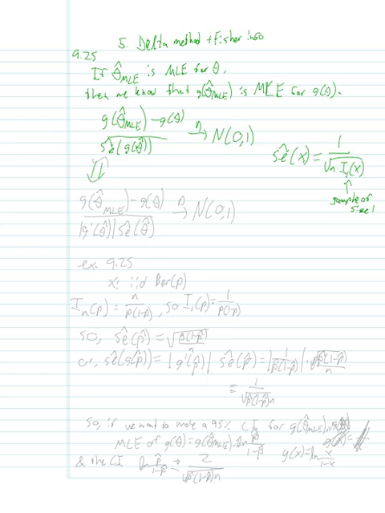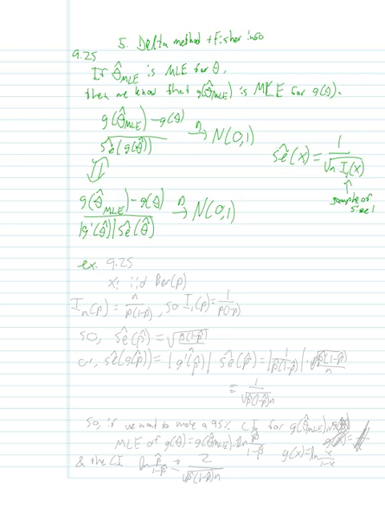Or, equivalently to this, we have G of theta hat MLE minus G of theta over absolute value of G prime of theta hat times standard error of theta hat, converges in distribution to a normal 0-1 distribution.